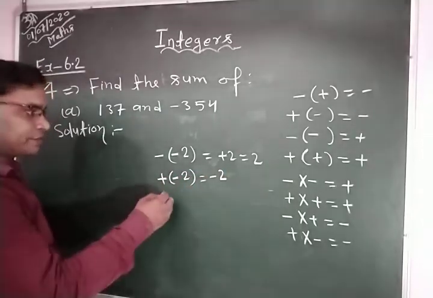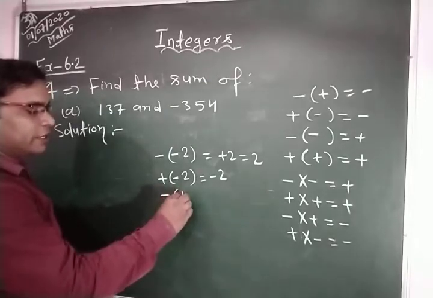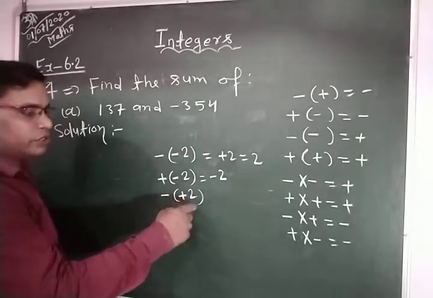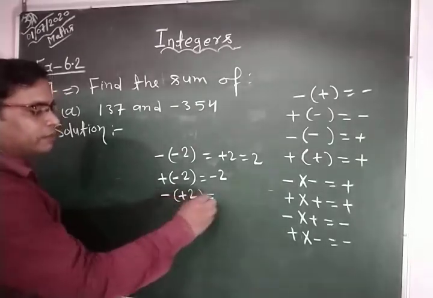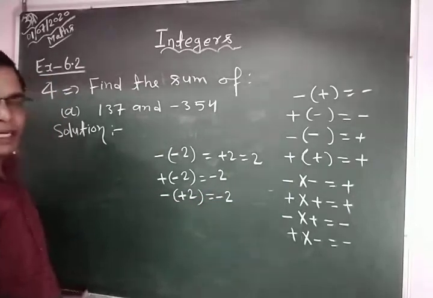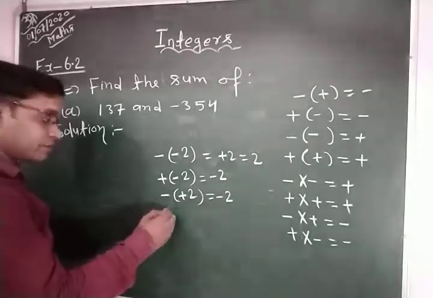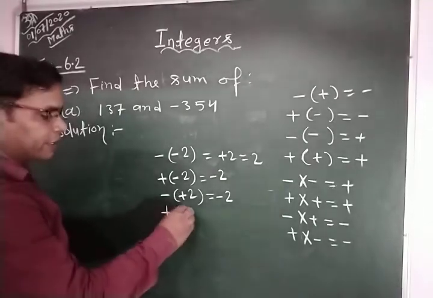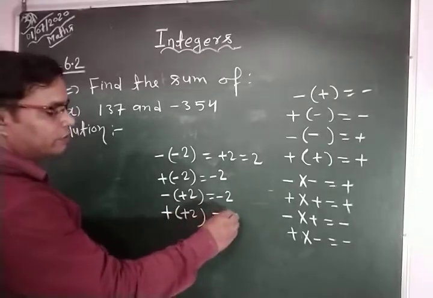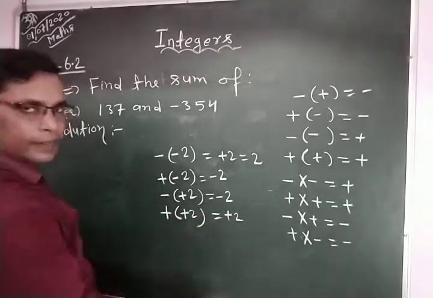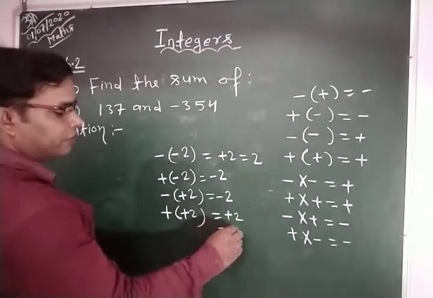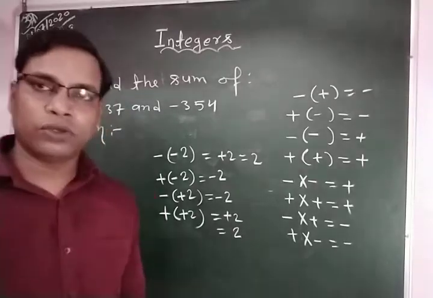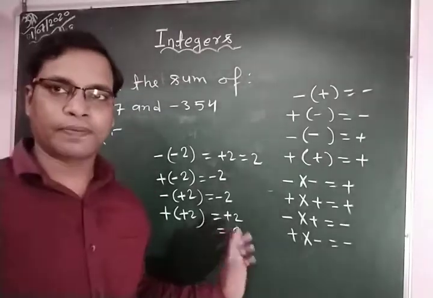Or minus in bracket plus 2: outside the bracket is minus and inside is plus, so minus plus is minus. Now, plus outside the bracket and plus inside is plus 2. We do not write the plus symbol, so it is simply 2, which means it is positive. Clear.